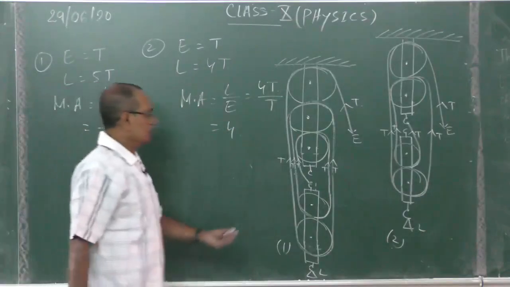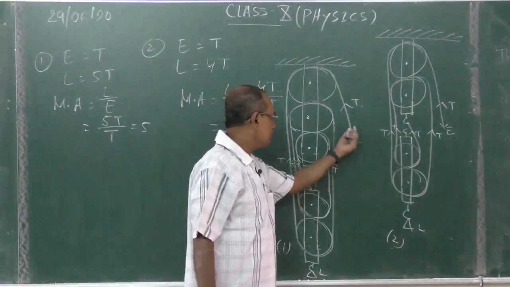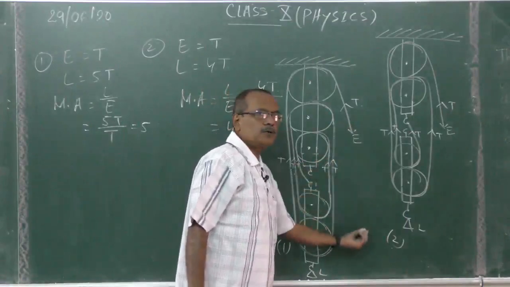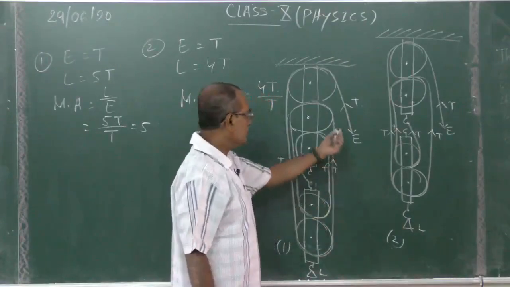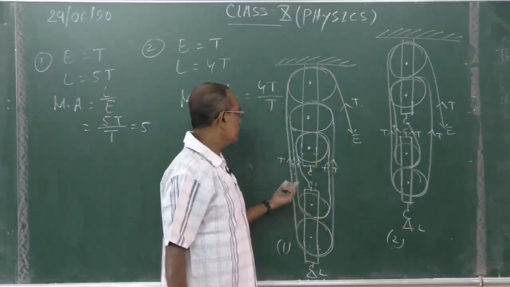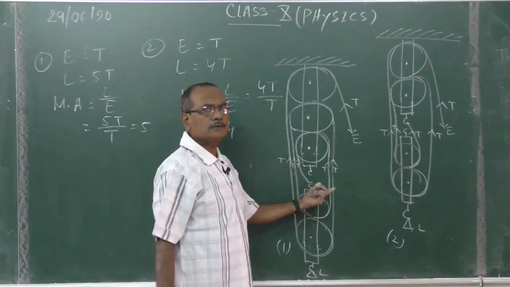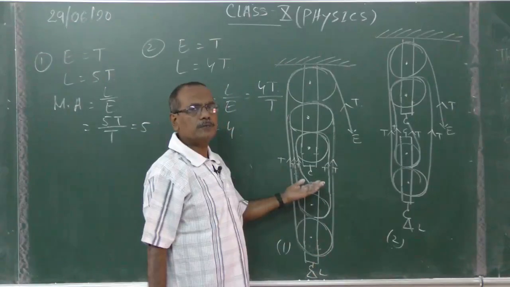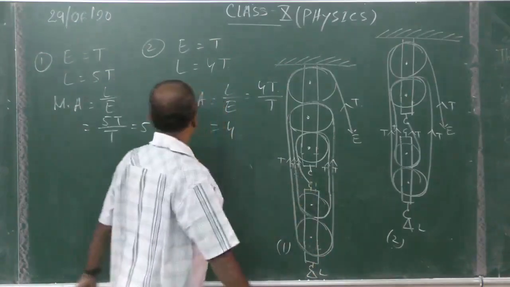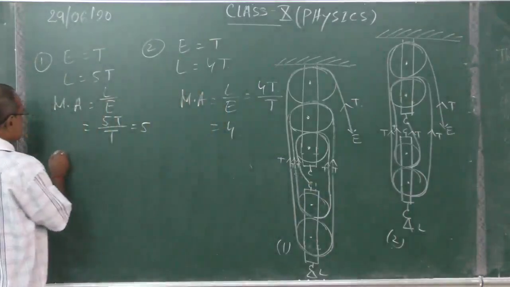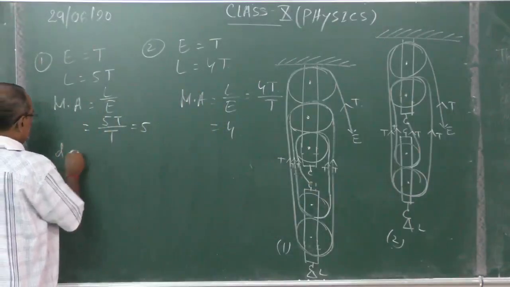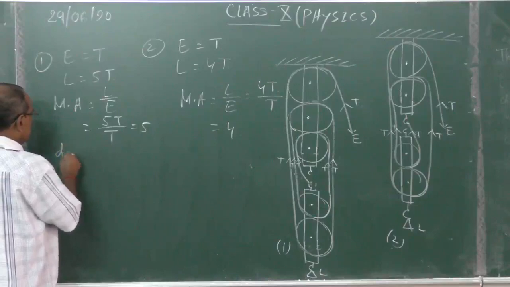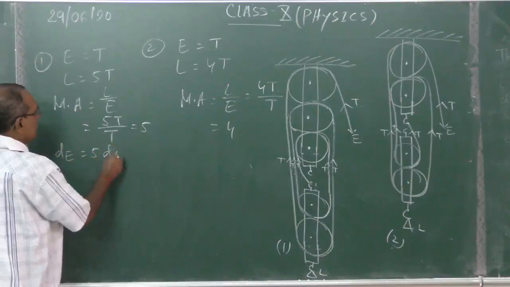Okay. In this case, what happens if we pull 5 meters of rope? Then this 5 meters of rope will be divided into 5 strands. So only 1 meter of load will be lifted up. So it means in this case DE is equal to 5 DL.